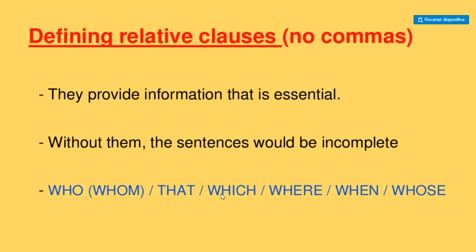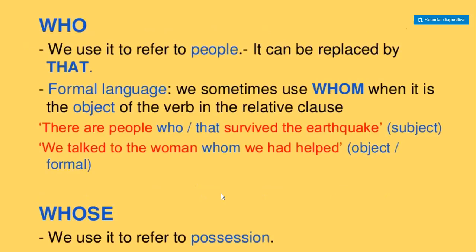This is the information that is going to be provided about the subject or the object of a sentence. Then, who. We use it to refer to people, but it can also be replaced by that when we are talking about an object, not a person. In formal language, we sometimes use the word whom when we are talking about the object of the verb in a relative clause.